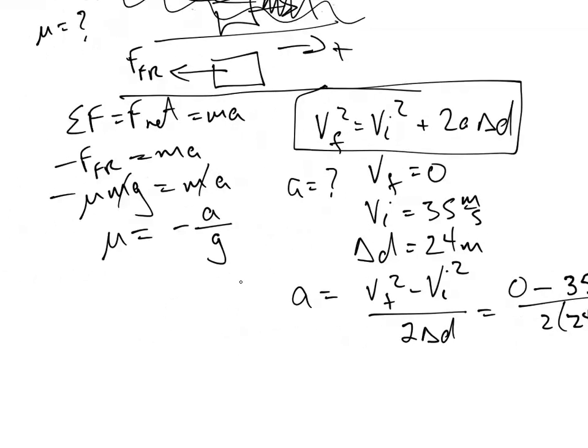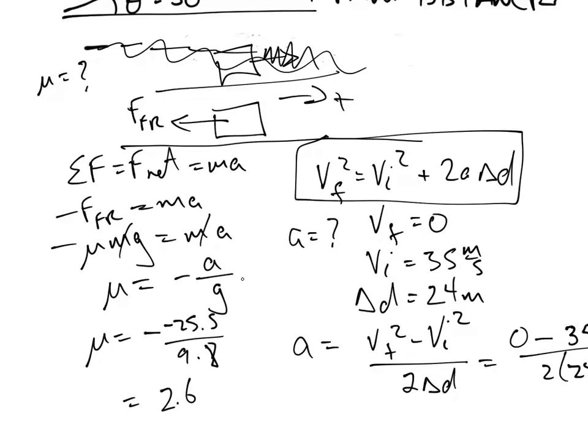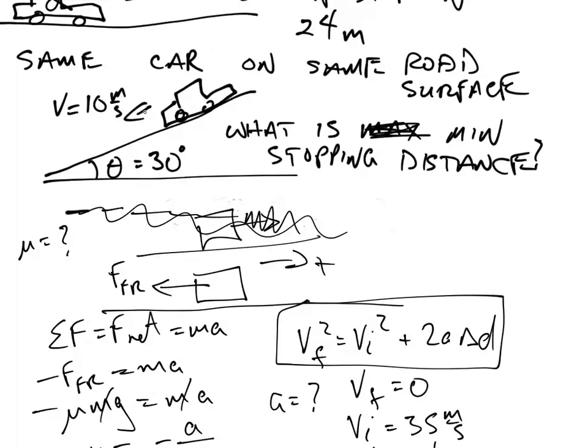Now, once I have that, I can calculate mu by saying negative mu is negative 25.5 divided by 9.8. And that's going to give me, holy smokes, this is a gigantic coefficient of friction, 2.6. Now, in real life, you can't really have anything that humongous. However, let's continue with the problem.